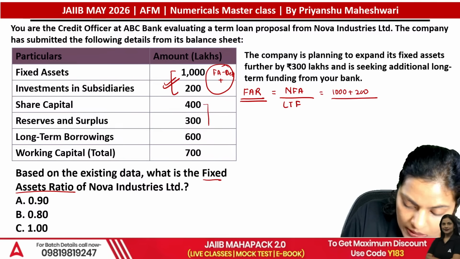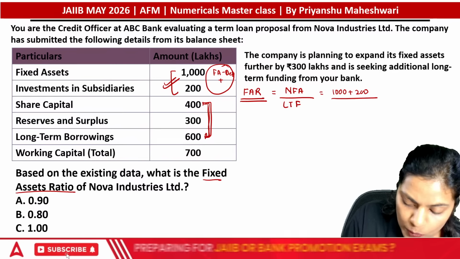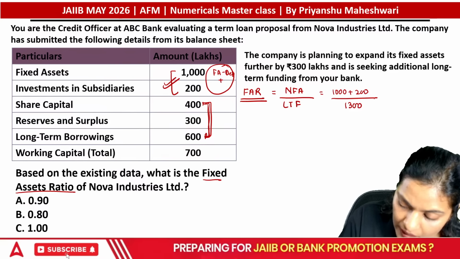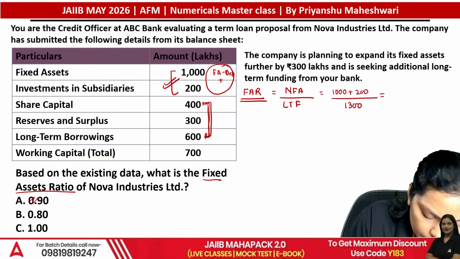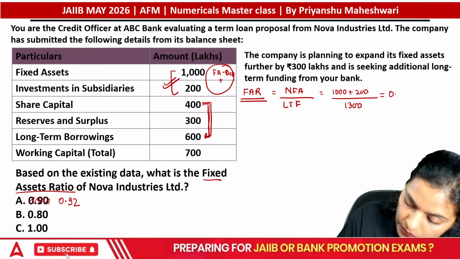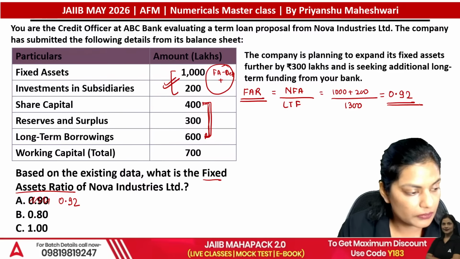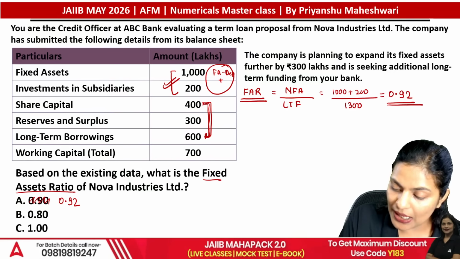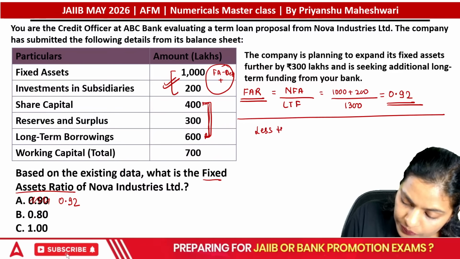And what is my long-term funds? Whether it is capital or whether it is debt, all have to be added. Upon 1300, this will give me 0.92, I guess, right? So, this is coming as 0.92. It is less than 1 and hence acceptable.